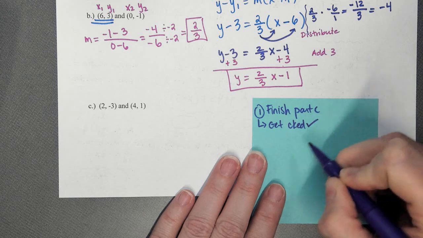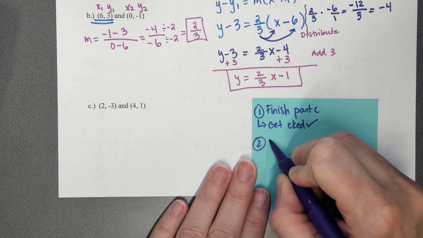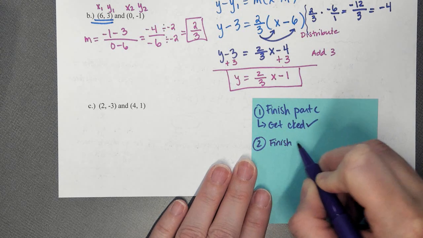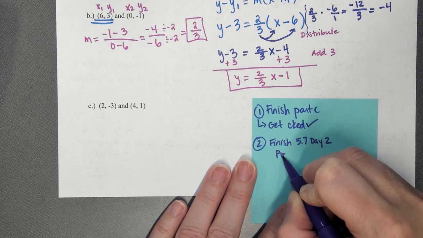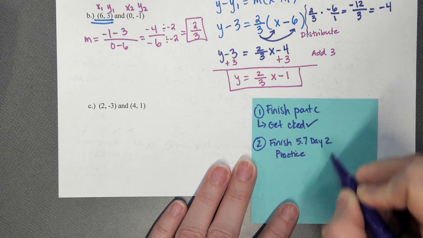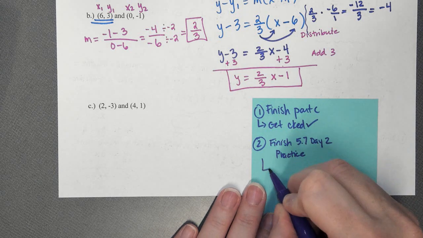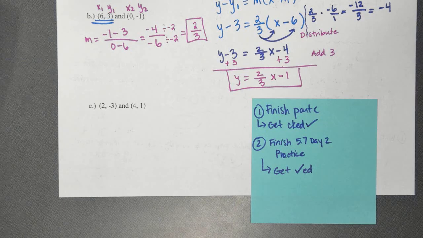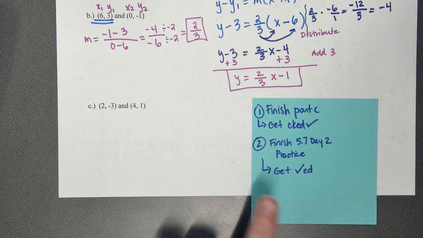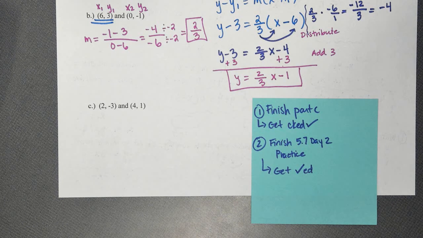So finish part C, get it checked. And then finish 5.7, day 2 practice, and get that checked. So those are the 2 things I want you to focus on.